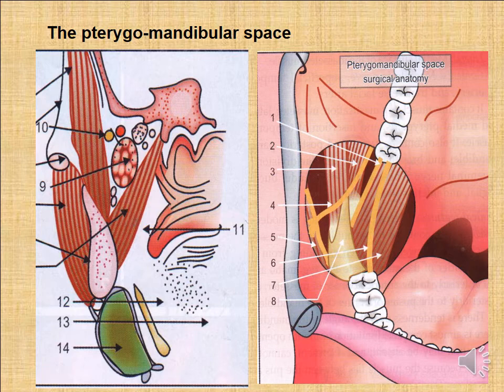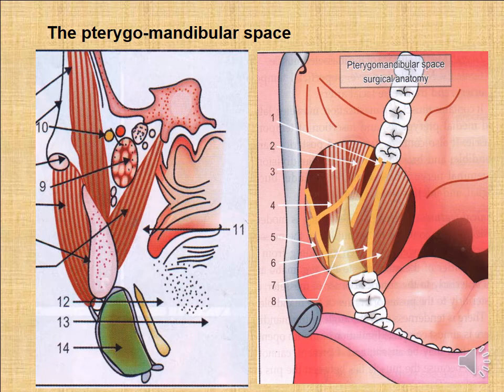As you see in this figure, the pterygomandibular space is surrounded anteriorly by the medial pterygoid muscle, posteriorly by the buccinator and the masseter muscle, and laterally by the ramus of the mandible.